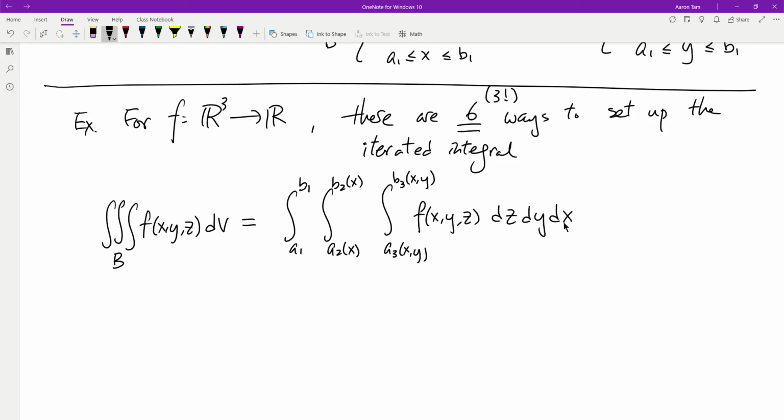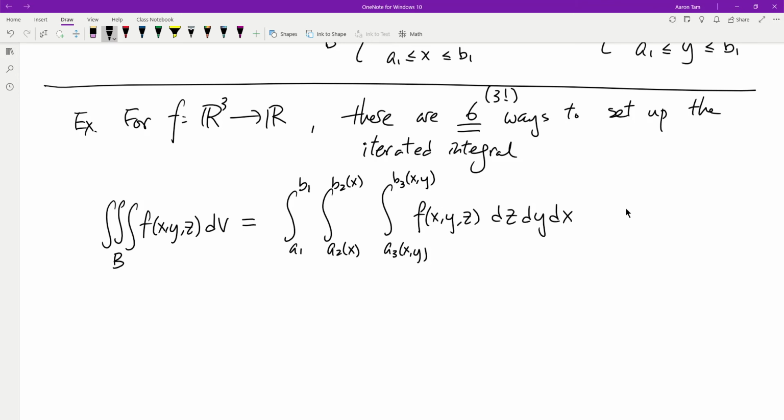And the reason why I know that's the order is because of the limits. Since the innermost limits have x and y in them, that indicates it has to represent a variable that's not x and y, and since we only have x, y, and z, it has to be z. And then the middle integral, because we already took care of z, it cannot be z anymore, but it has the variable x in its limits, so it has to be y. And then the last one will have to be just constants.